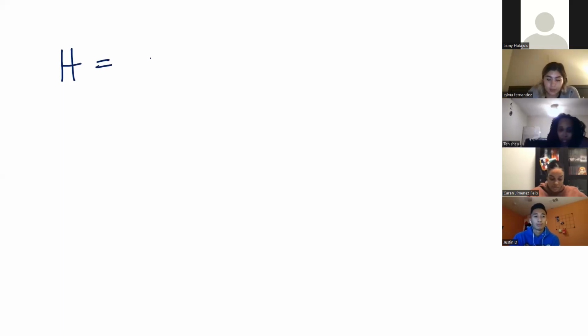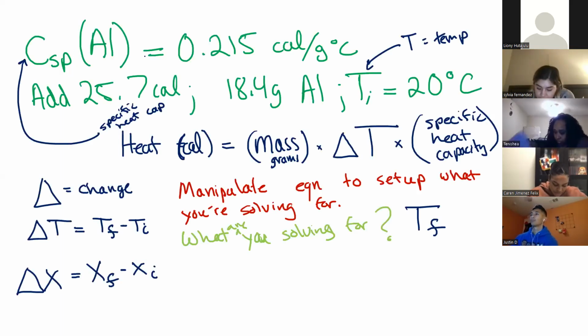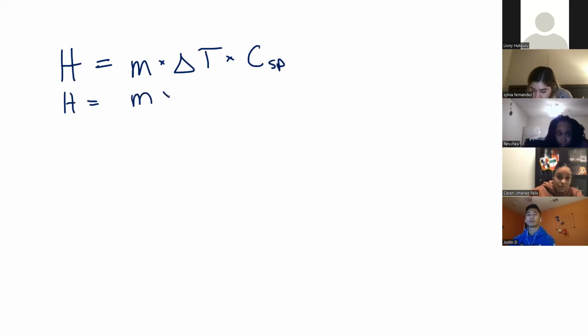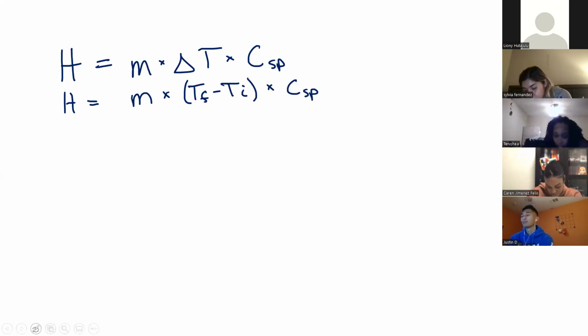Okay. So very quickly, the equation was heat is equal to mass times change in temperature times specific heat capacity, okay? Now let's plug in a few more things. So heat is equal to mass times temperature final minus temperature initial times specific heat capacity.